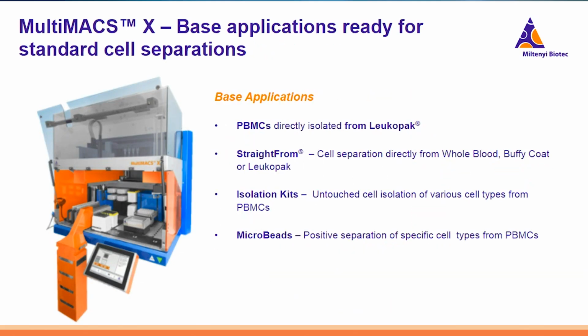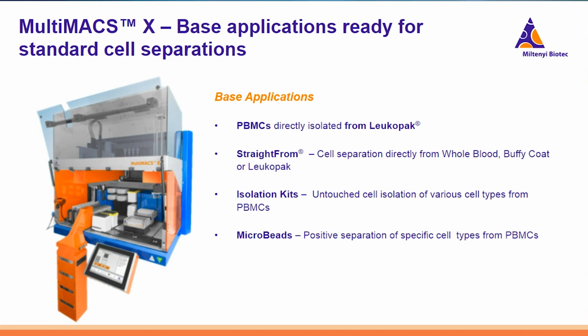The base applications are designed to be ready for standard cell separations using the MultiMACS X. One of the base applications is the isolation of PBMCs directly from different sizes of leukopak in a fully automated way. We have also established Ficoll-free cell separation directly from whole blood, buffy coat, and leukopak using our Straight-From portfolio.